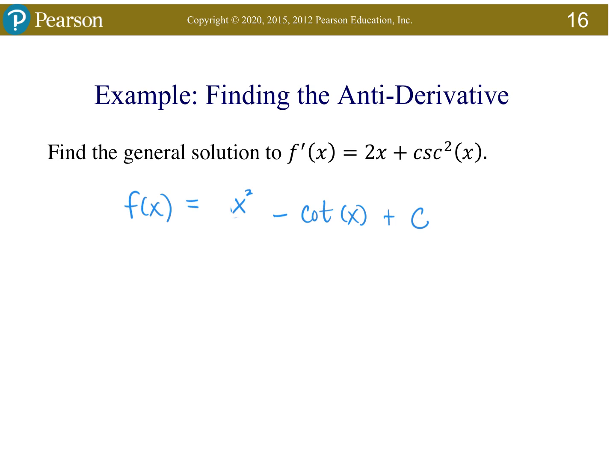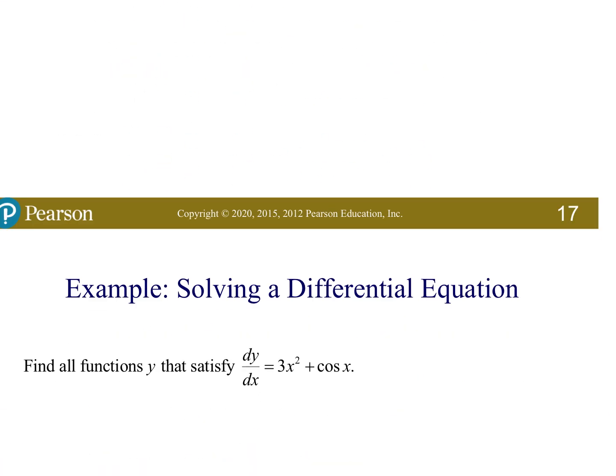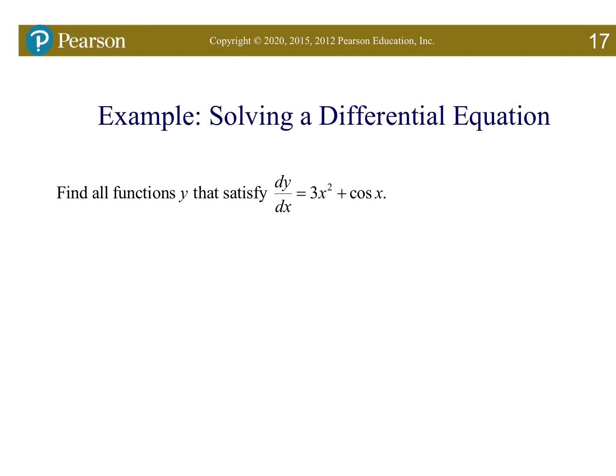All right, we're not solving. Find all functions that satisfy dy dx equals 3x squared plus cos x. So we can change dy dx into what? Y. We can change 3x squared into what? X cubed.